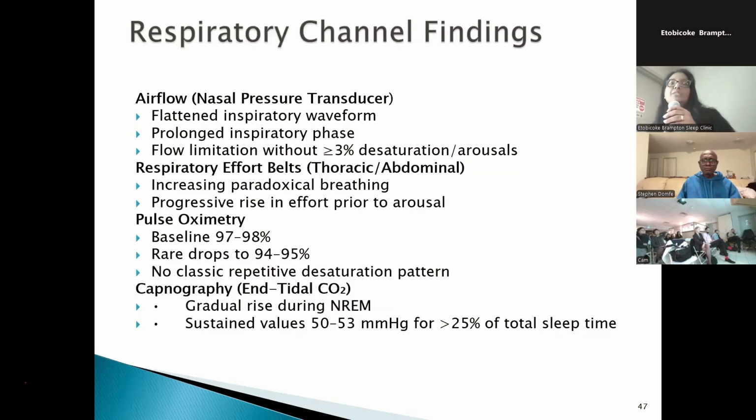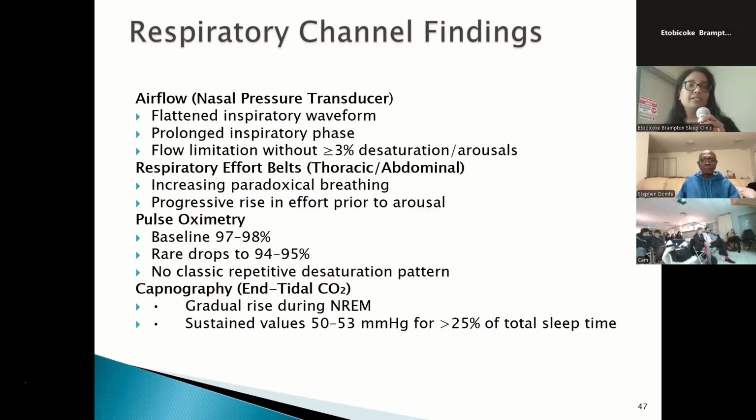Respiratory channel findings: the airflow nasal pressure transducer shows a flattened inspiratory waveform and prolonged inspiratory phases, a flow limitation without greater than 3% desaturations or arousals, so we cannot score them as hypopnea. The respiratory effort belt shows increasing paradoxical breathing, with a progressive rise in effort prior to arousals.